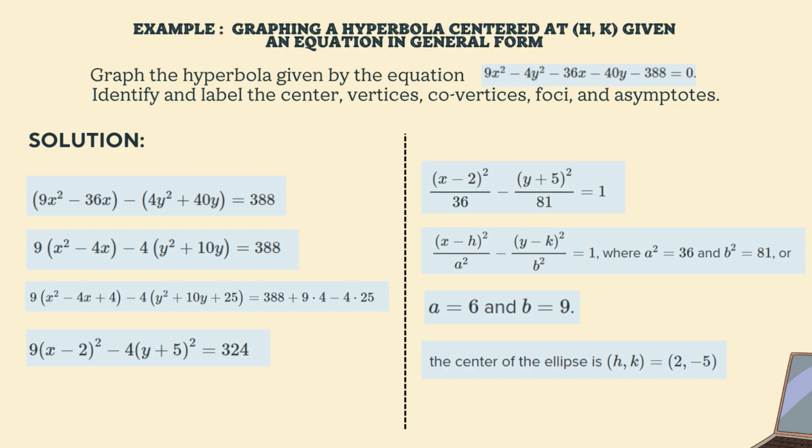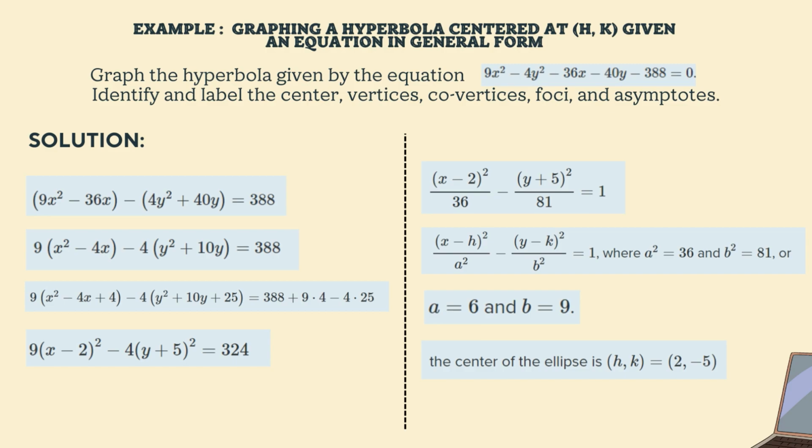So we will write it as perfect squares. So it will go like 9 times the quantity of x minus 2 squared minus 4 times the quantity of y plus 5 squared is equal to 324. 324 is from 38 plus 9 times 4 minus 4 times 25.